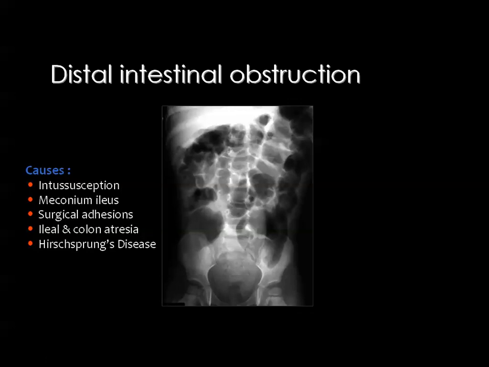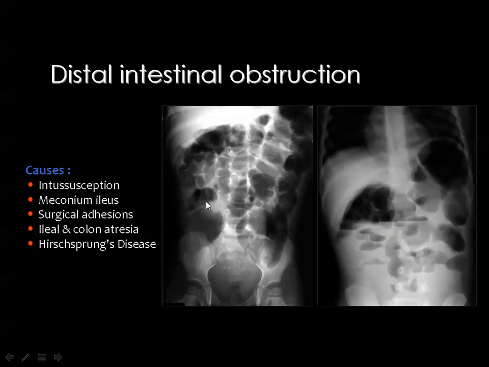Then we came to the intestinal obstruction, and in intestinal obstruction we see dilated bowel loops filled with gases, and if you have the erect film, you see multiple air fluid levels.